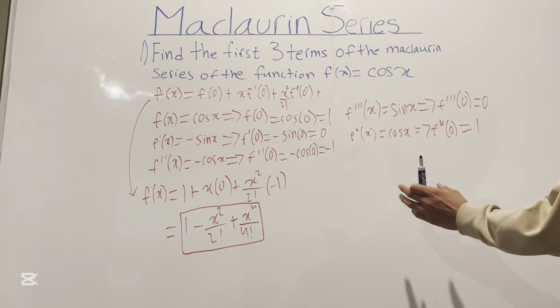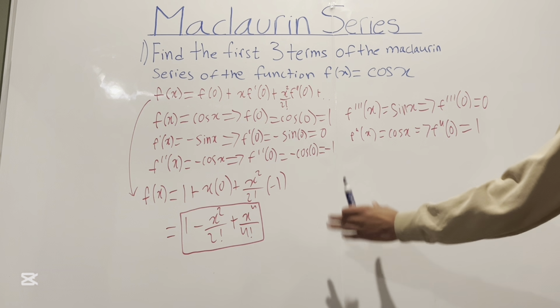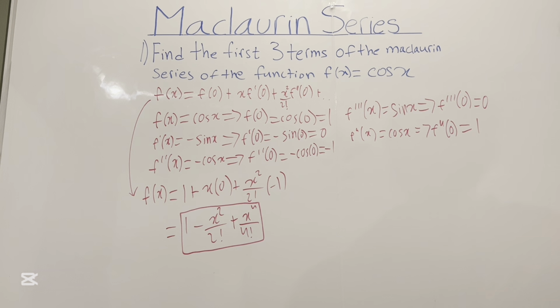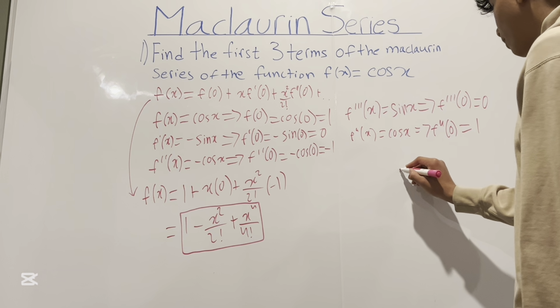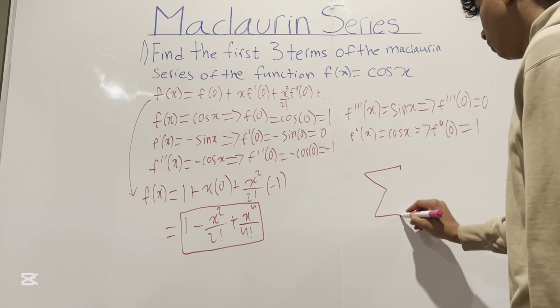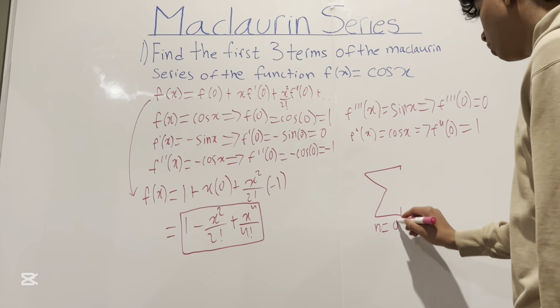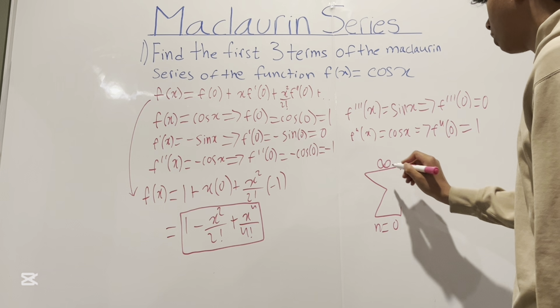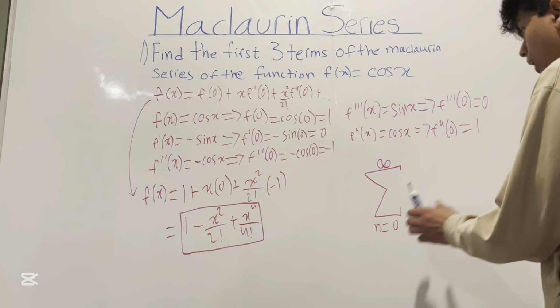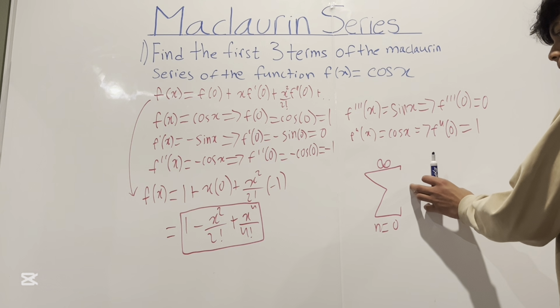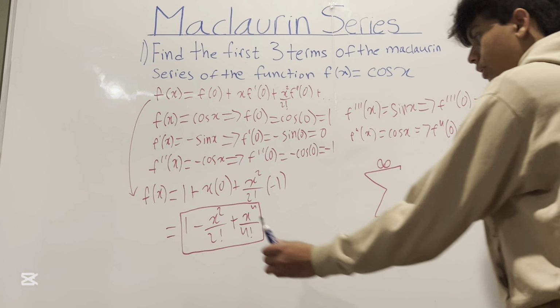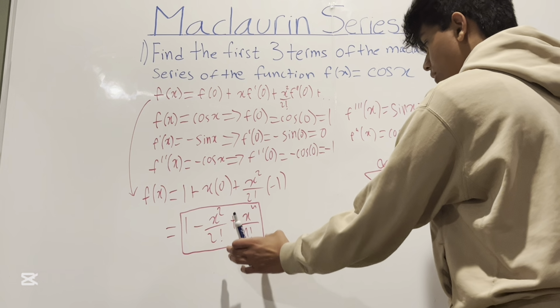Now what else we can do with this is find the power series, or the sigma notation, for this function. So we're going to have our sigma, n is equal to 0. That's our first term, and we're going to have infinite terms. And now we need to find the function here. To do that, we just have to look at this and recognize patterns.